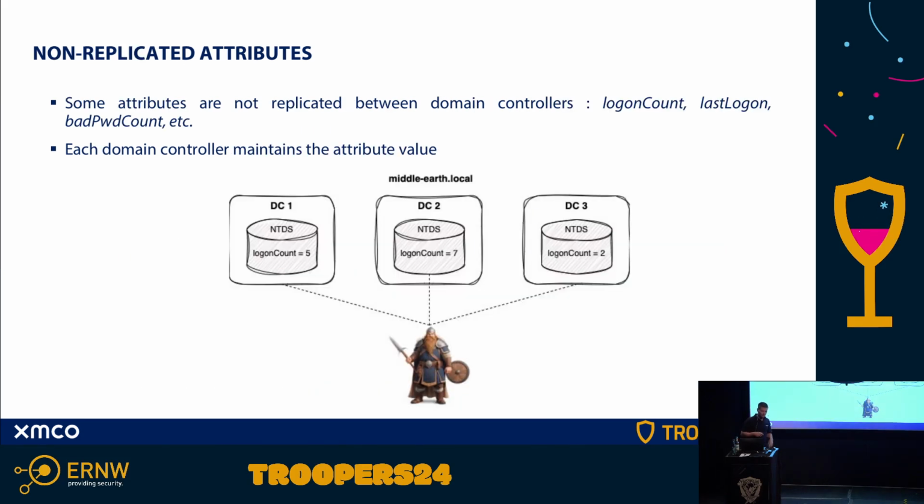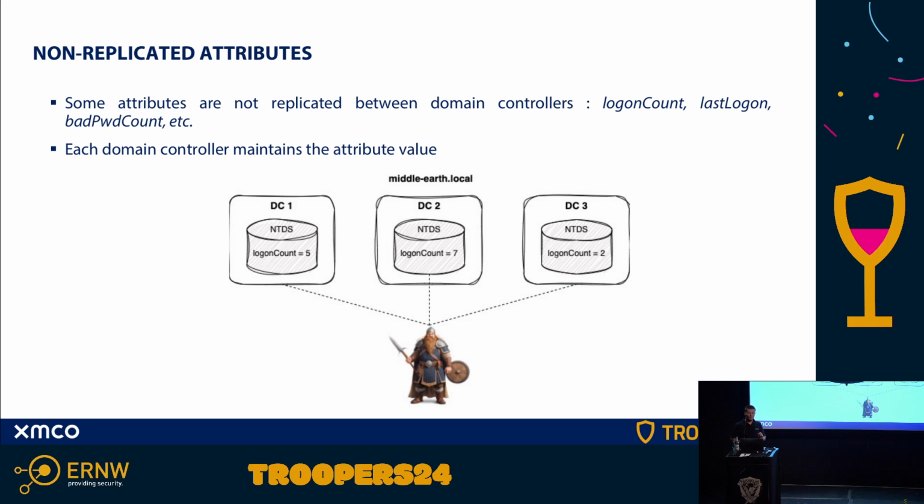Another kind of attributes are non-replicated attributes. So the attribute values are not synchronized between domain controllers. For instance, if we take the example of logon count, if Gimli logs on to DC1, the counter will be incremented on DC1, but on DC2 and DC3 the counter won't be incremented.